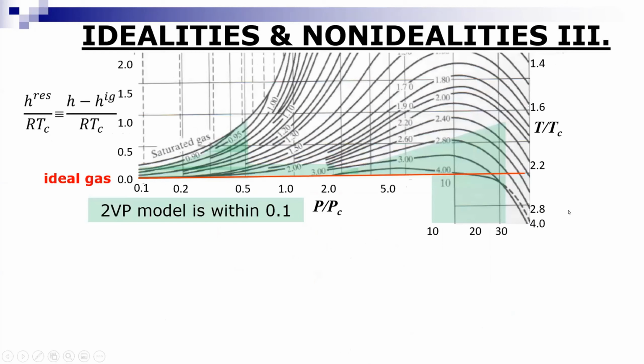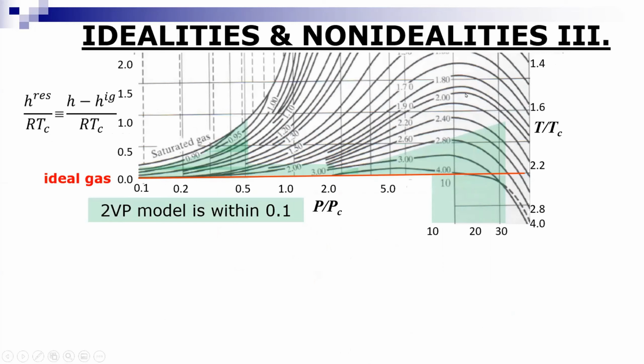So here's another case. We're now talking about the residual enthalpy, which is the enthalpy minus the ideal gas enthalpy. In this plot, we're plotting the residual. So the ideal gas would be such that this is 0 over all values of pressure and all values of reduced temperature.